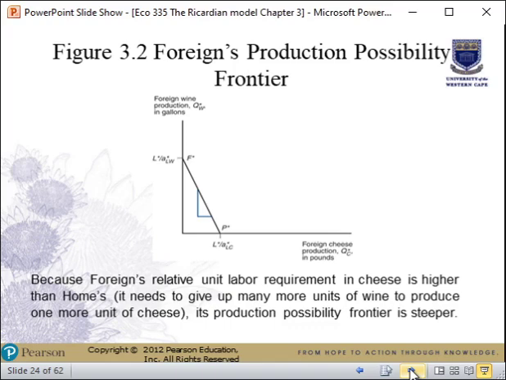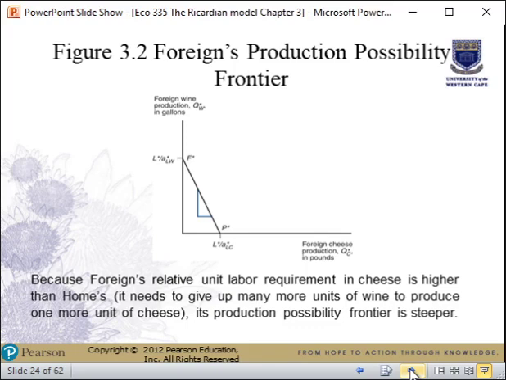This is because foreign relative labor requirement in cheese is higher than that of the home country, implying that to produce a pound of cheese, the foreign nation must forego more gallons of wine than home. The foreign PPC curve is illustrated in figure 3.2.